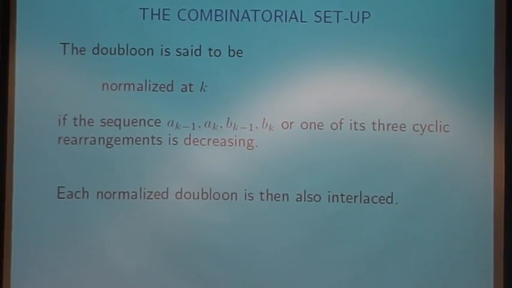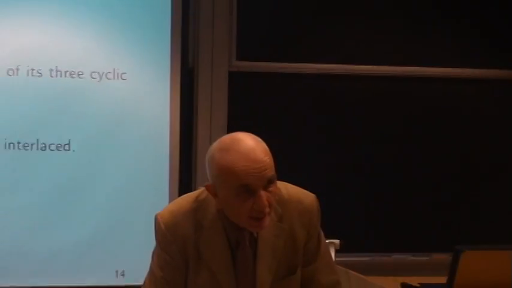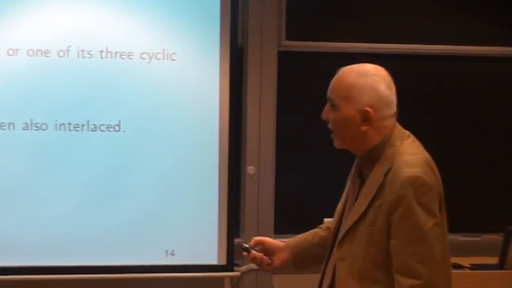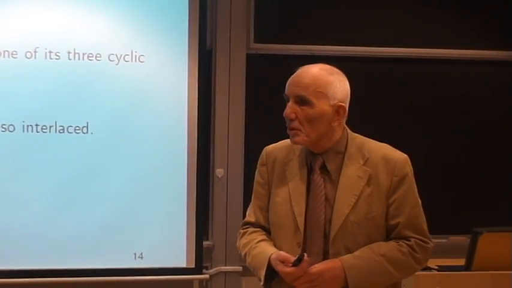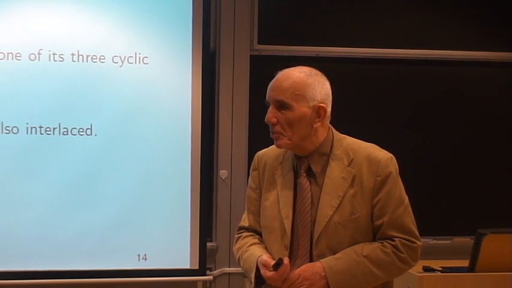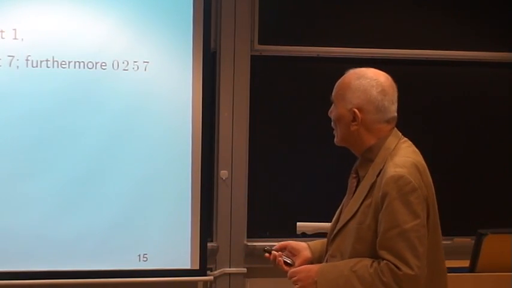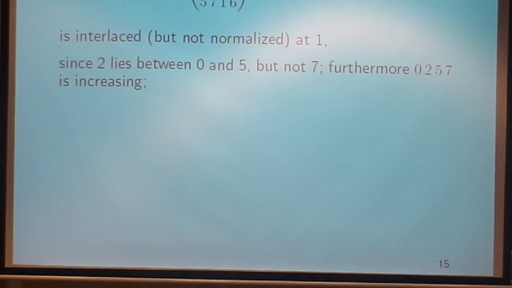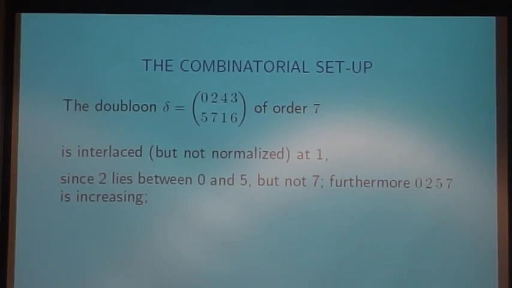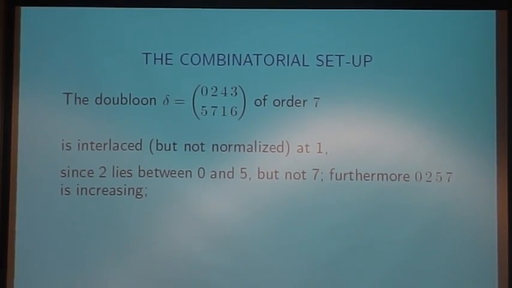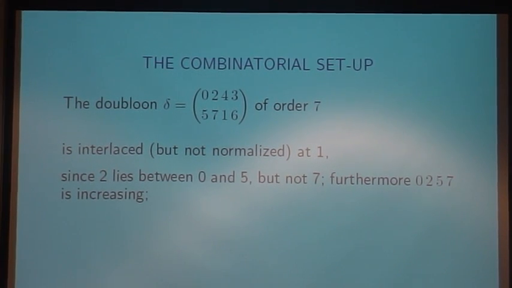So let's illustrate this with an example. That's the only definition I'm going to give, because it's difficult to swallow so many definitions. Take this doubloon: 0, 2, 4, 3 on the top row, 5, 7, 1, 6 on the bottom, to have an example.